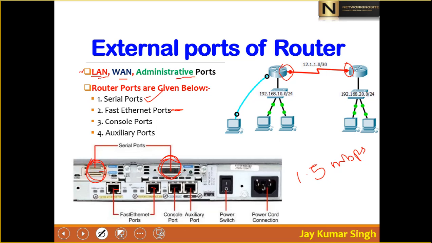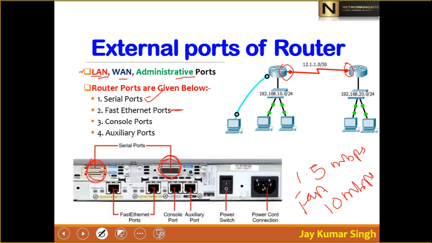If you are using 10 mbps, serial cannot provide you 10 mbps speed. So for using 10 mbps or 20 mbps speed, we have to use Fast Ethernet. Ethernet will support only 10 mbps.